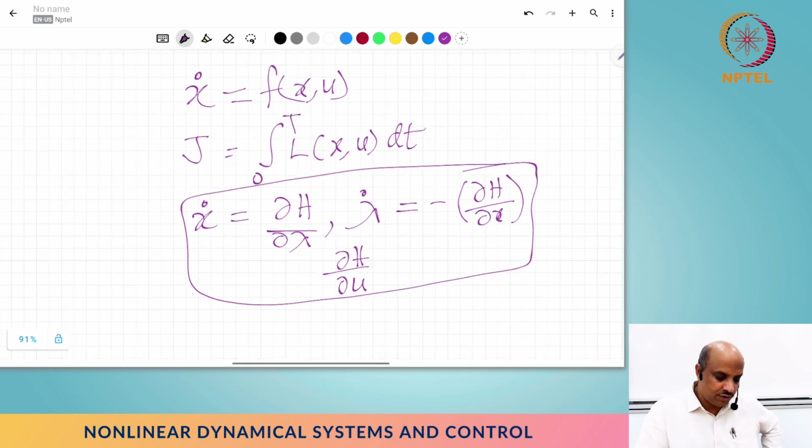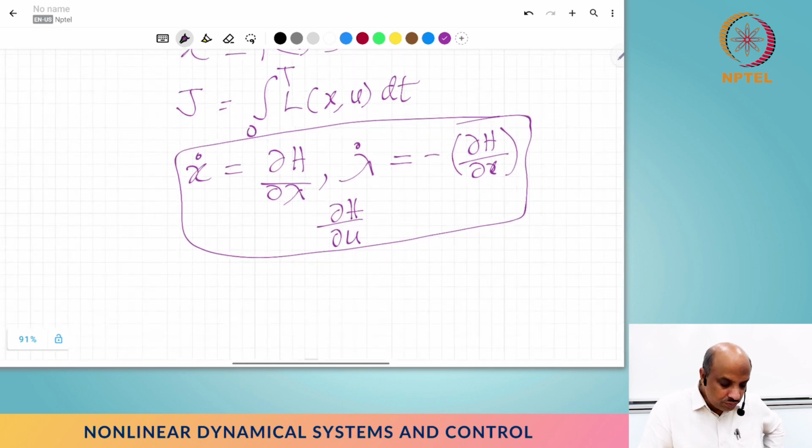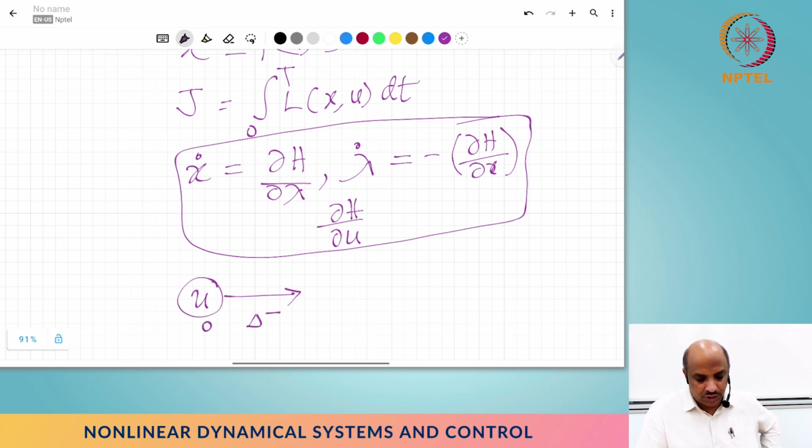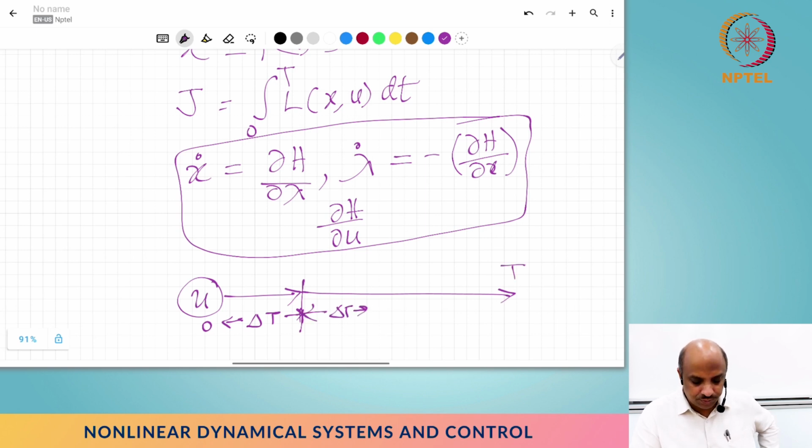What they do is they solve this particular problem, and they know exactly what u needs to be, and then they implement it from 0 to delta t, the first time step, and they come here and solve the problem again from here till the end of time, t in this particular case, and apply this one for the next delta t, and then do the same thing again and again.